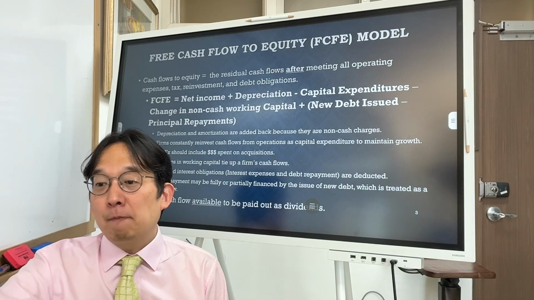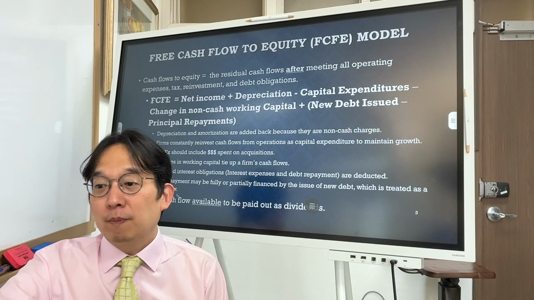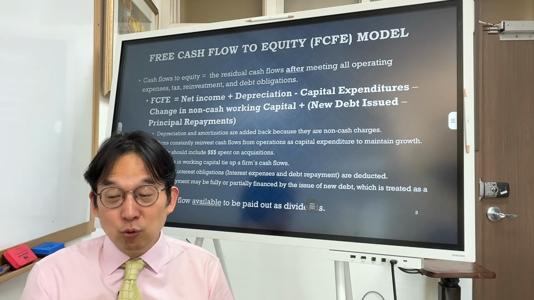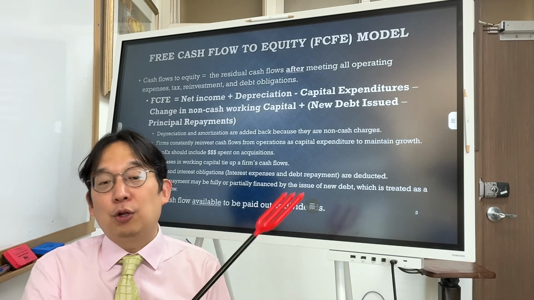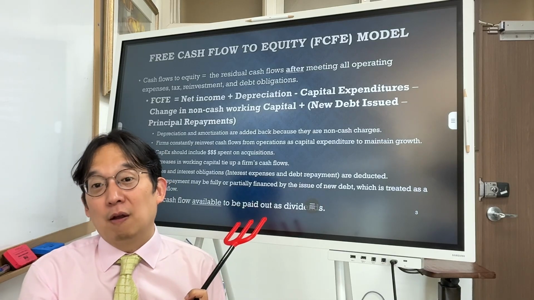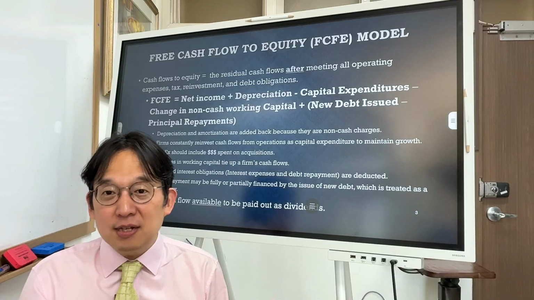Okay, if you look at some cases of leveraged buyout, LBOs, what do they do? If you look at Barbarians at the Gate, the movie, right? They borrow a huge amount of debt from the banks and then they pay it out as dividend. Okay. Why is that the case?